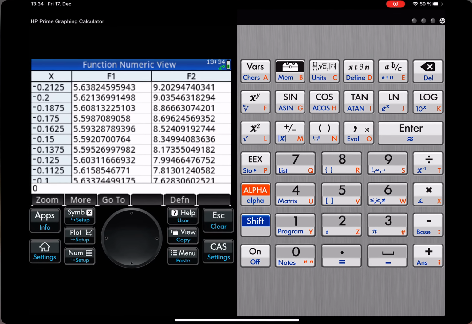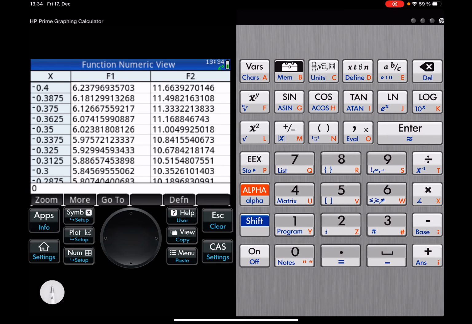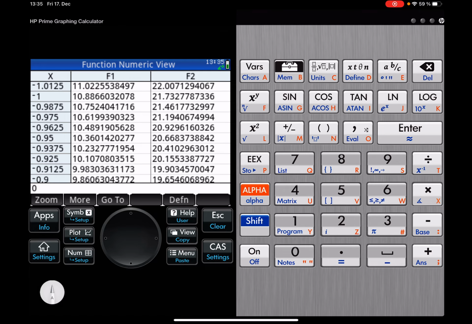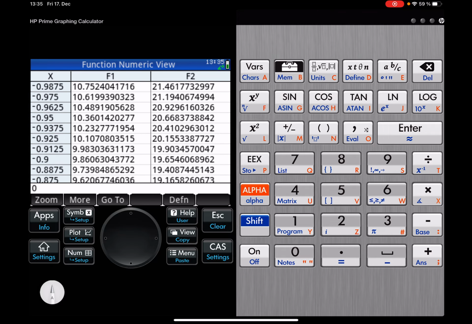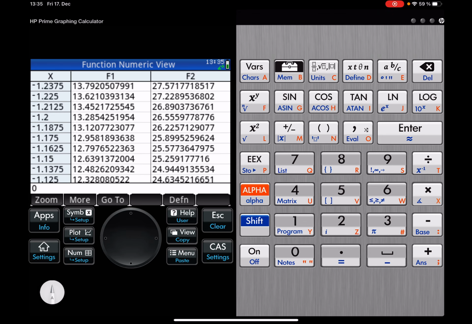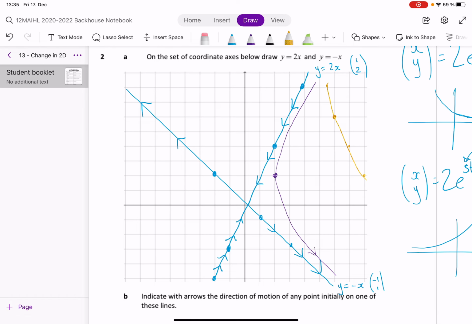And then what happens after that? As we go further back in time, you can see both values are increasing. And you can see that the y values are roughly twice the x values, which is what we'd expect along that eigenvector. Okay, so it's going this way over time.